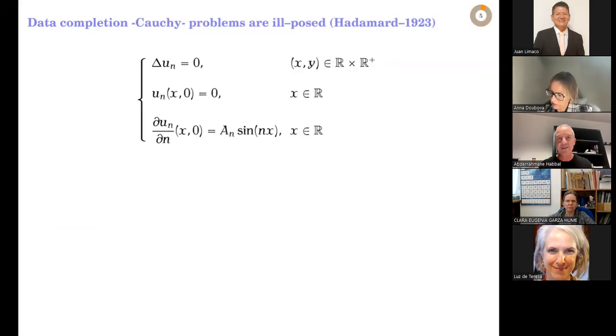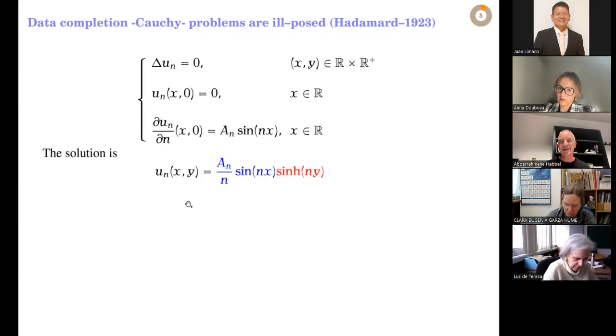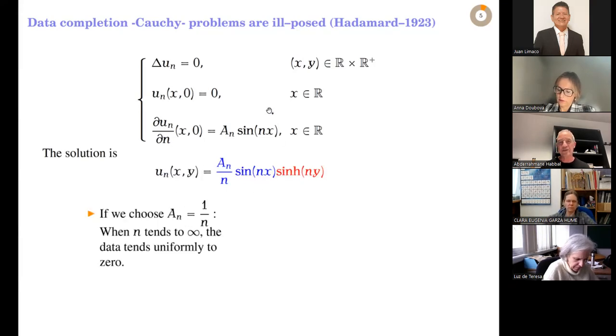Okay, so let me briefly recall what ill-posed means in the Hadamard sense for Cauchy problems. Here you see a nice problem with these Neumann boundary conditions. Of course, if I choose A_N to be nice enough, I will have A_N sin(nx) uniformly converging to 0.